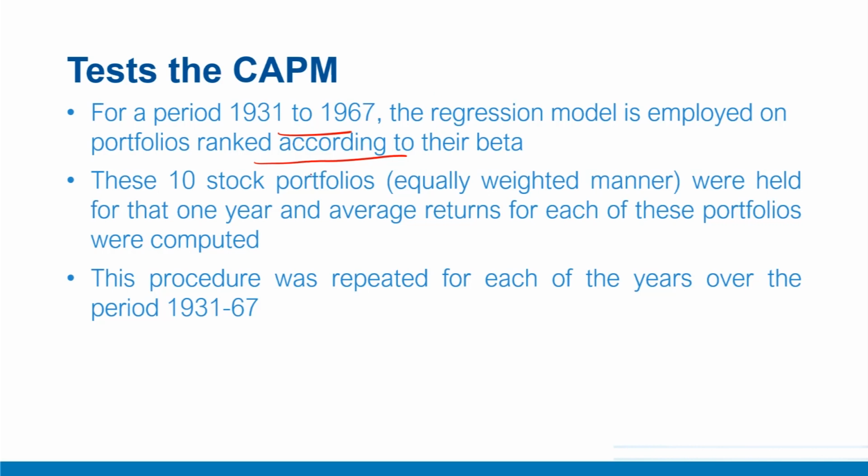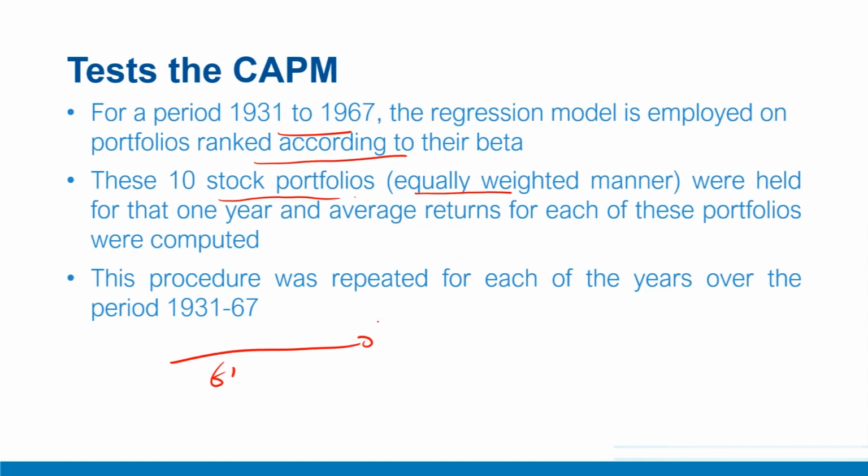They sorted the stocks into 10 portfolios based on beta and created equally weighted stock portfolios. They sorted the stocks based on beta every year, estimating the beta from the previous 60 months of data, and these betas are basically their forecasts of beta for the coming period.